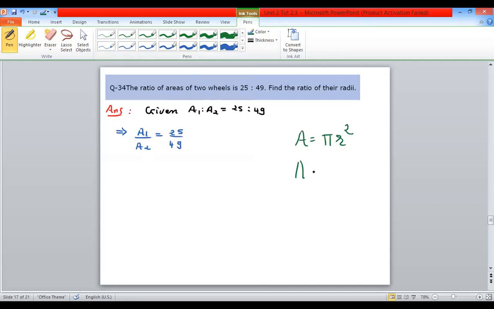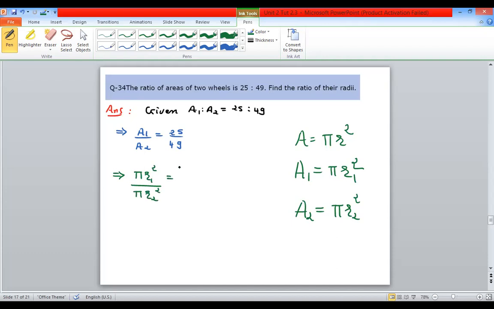So A1 becomes pi r1 square, and A2 becomes pi r2 square. The radii are also different. The first area A1 has pi r1 square, the second area is pi r2 square.